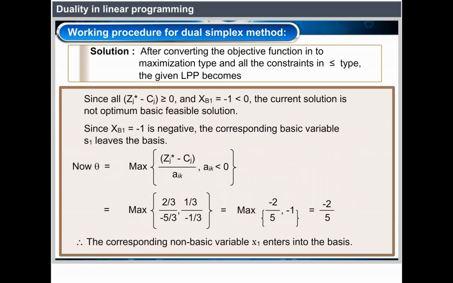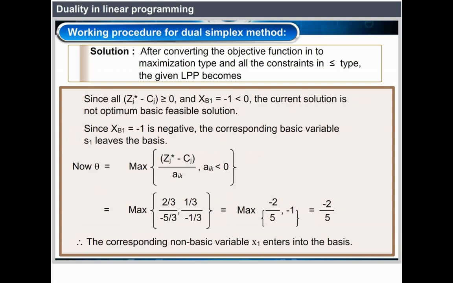Since all Zj star minus Ej greater than or equal to 0 and xb1 equal to minus 1 less than 0, the current solution is not an optimum basic feasible solution. Since xb1 equal to minus 1 is negative, the corresponding basic variable s1 leaves the basis.